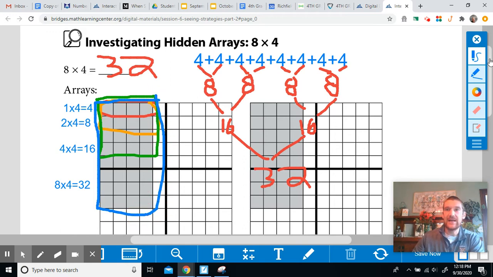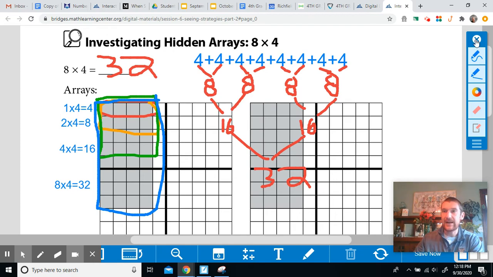So you see how it got twice as big every single time. We doubled, doubled, and then doubled. Very similar to this strategy that I see a lot of kids doing, where they double up the numbers that they're adding, and just keep on doing that until they've included all the numbers, okay?